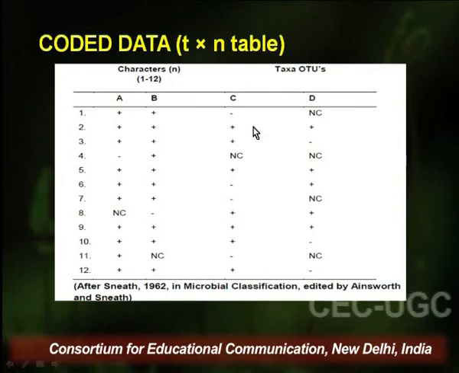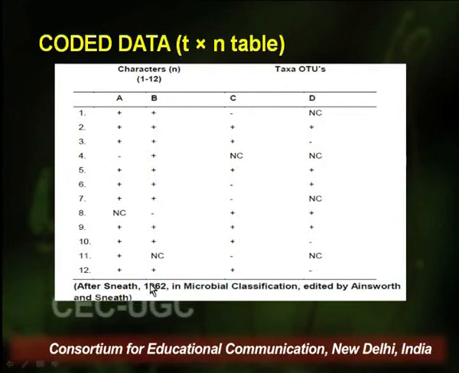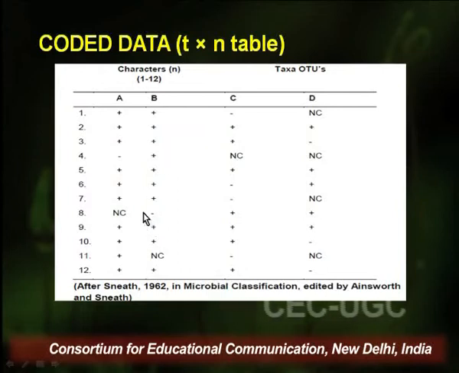This is a hypothetical example where 4 taxa or OTUs are used, and we have coded the table and seen the presence or absence of a particular attribute in these taxa. So moving on, we have to calculate the overall similarity.